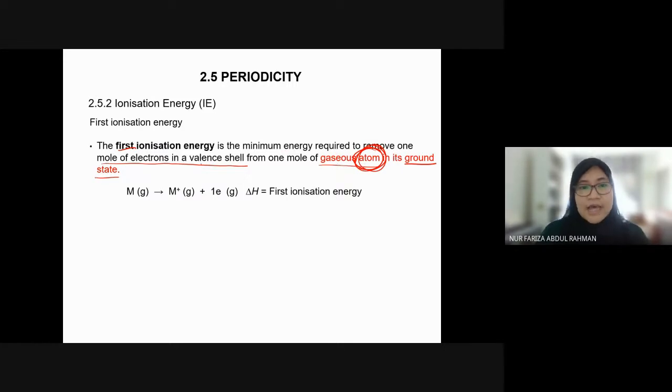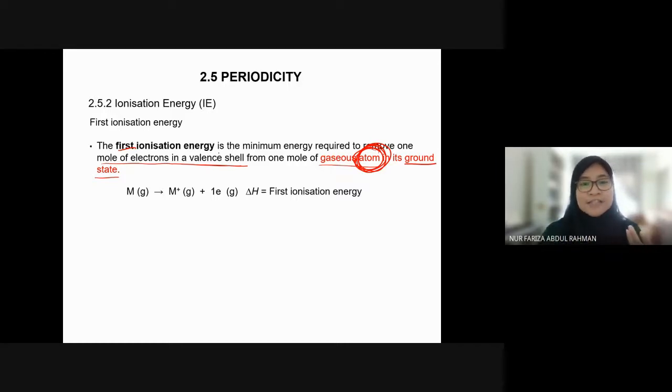Tambahan dia dekat sini, to remove one mole of electron in a valence shell, ataupun sometimes to remove the first 1 mole of valence electron, from 1 mole of atom in gaseous state. Okay, you may rearrange macam biasa untuk memudahkan you ingat, you boleh rearrange as long as all the keywords are there. Okay, minimum energy required to remove 1 mole of valence electron.